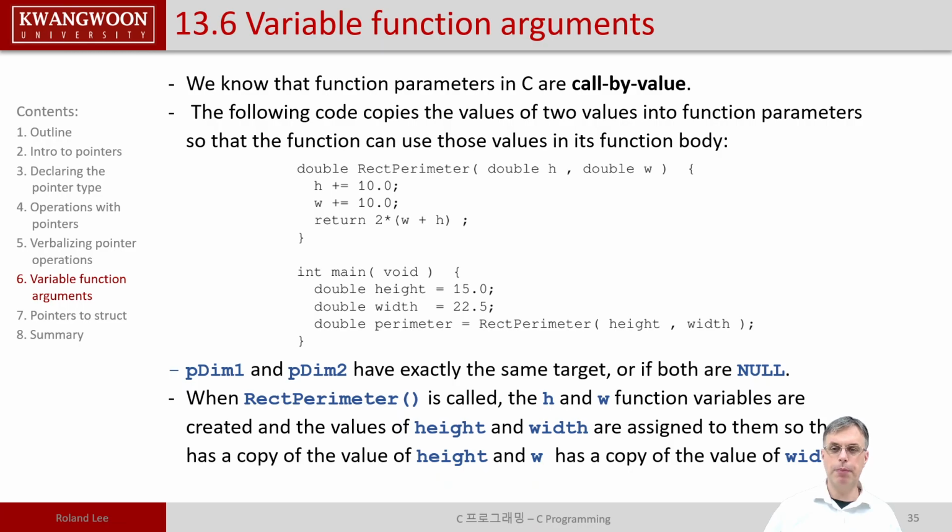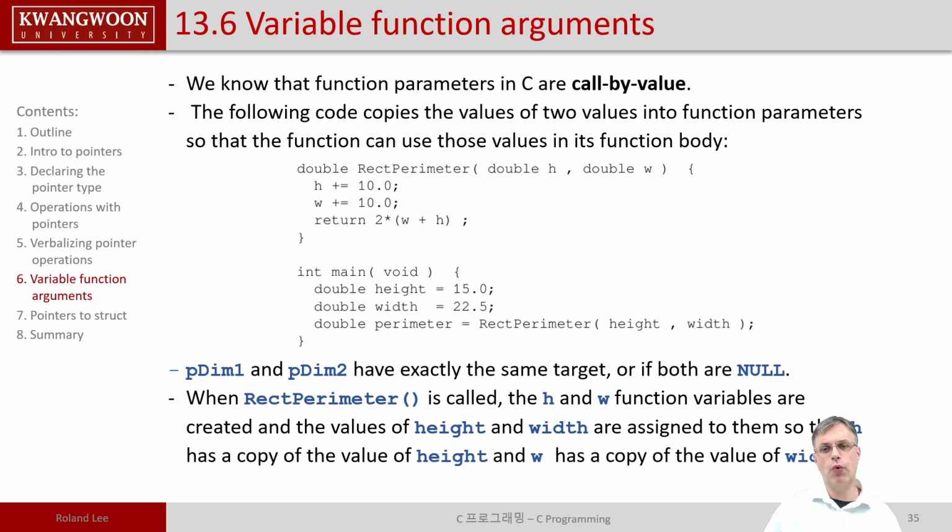In the function body, the values of h and w are modified and then used to calculate the returned value. When the function returns, h and w are deallocated or thrown away, but the values of height and width remain unchanged. This is how call by value works.